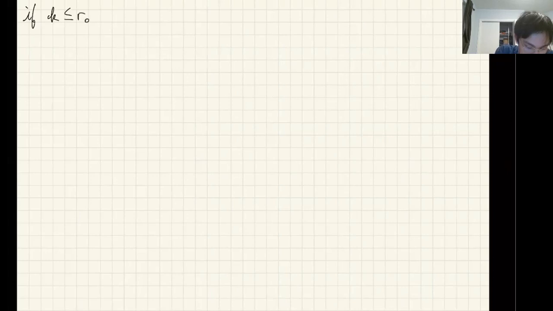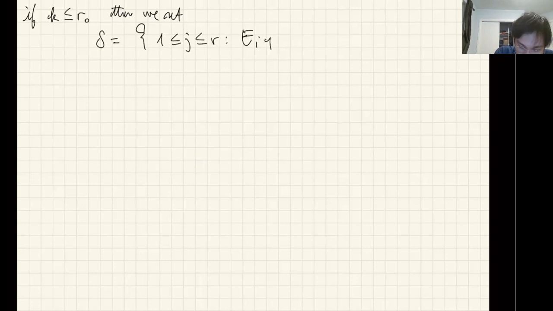So if K is less than R0, then we set S to be the set of j, 1 less than or equal to j less than or equal to r, such that Ei yj is non-zero for at least 2 values of i. And then T is all the rest of them.